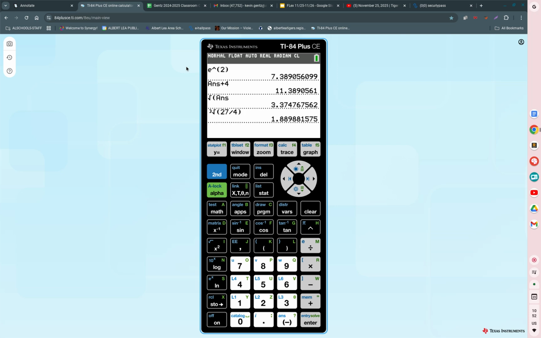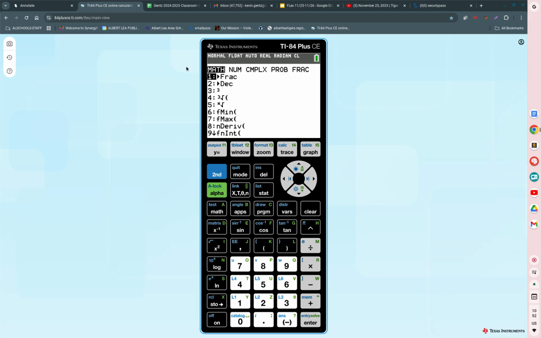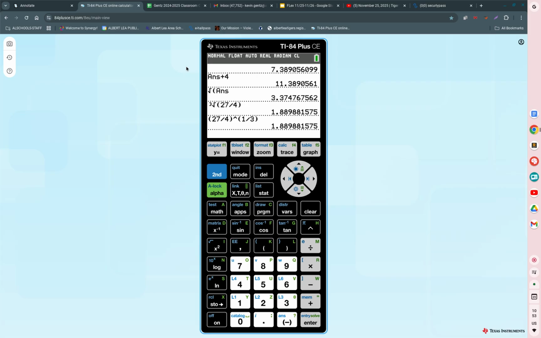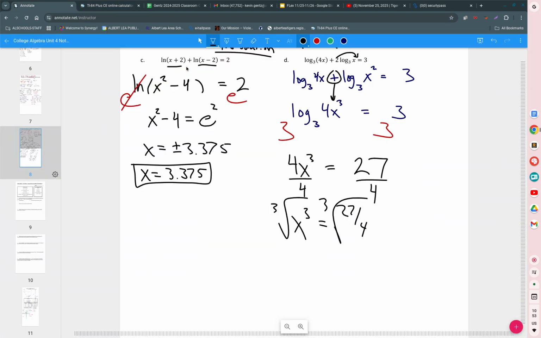I do parentheses 27 divided by 4, and then I raise that to the 1/3 power. That's how I do my roots. And it doesn't matter which option you choose, you get 1.889.